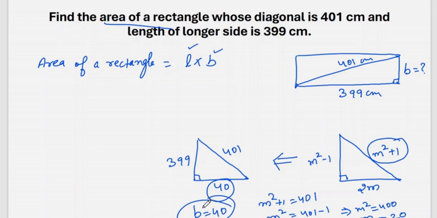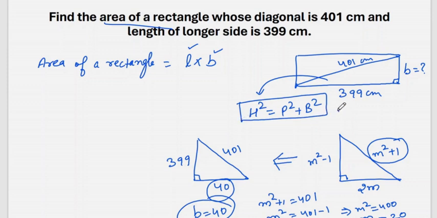But you use this formula only if you remember all these concepts. Otherwise, you can easily use the Pythagoras theorem: hypotenuse square equals perpendicular square plus base square. Use this formula and find the value of B, and you will get B equal to 40 centimeter.